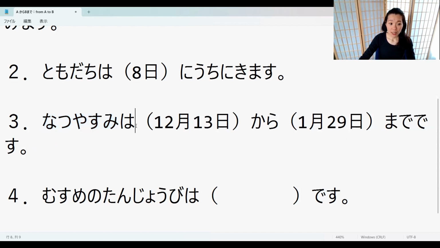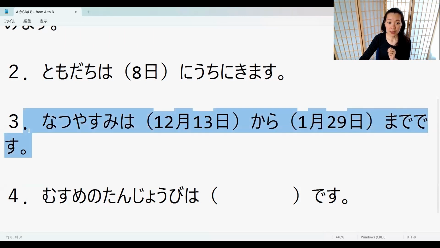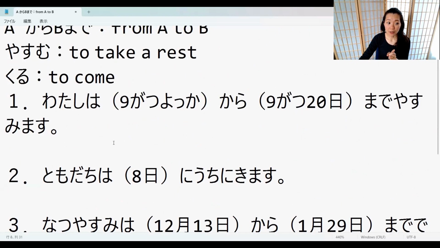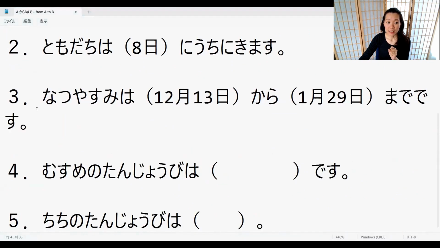Summer vacation is from 12月13日, the 13th of December. So から is from, and まで is until the 29th of January. So this sentence uses from A to B, the same sentence pattern as question 1. Then let's practice.